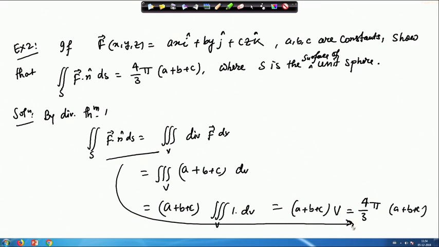We do not have to calculate any n, or take any projection. We just had to use the Gauss divergence theorem, and everything reduced into a 4-line calculation. So, the divergence theorem proves to be a very handy tool, and we will practice a few more examples just to show you how nice and convenient it is.